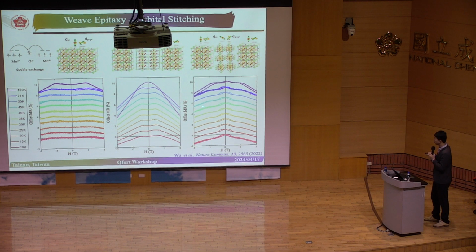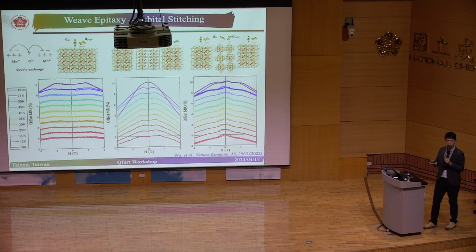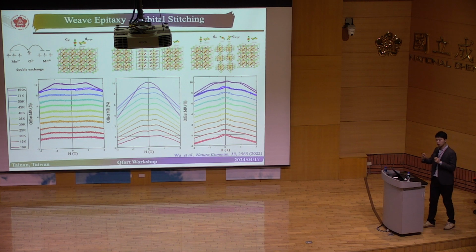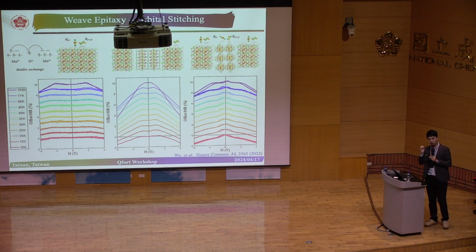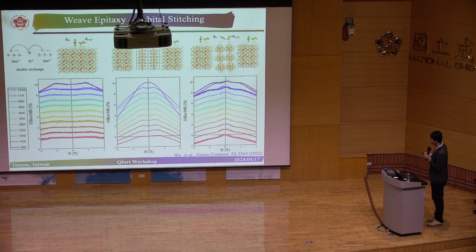Not only can we observe this enhanced magnetoresistance, we can also find this hysteresis-like behavior. Simply because you rotate the system a little bit, when you apply the magnetic field, you effectively create magnetic inhomogeneity. This is the result, briefly explaining the reason for the hysteresis.